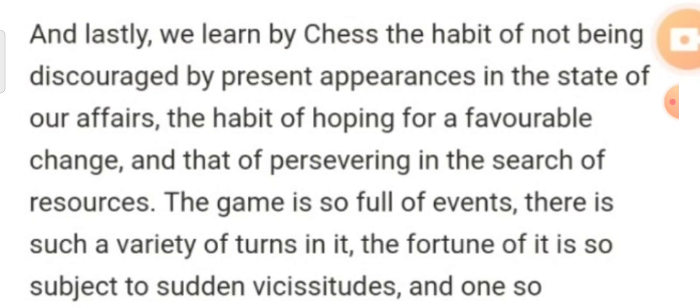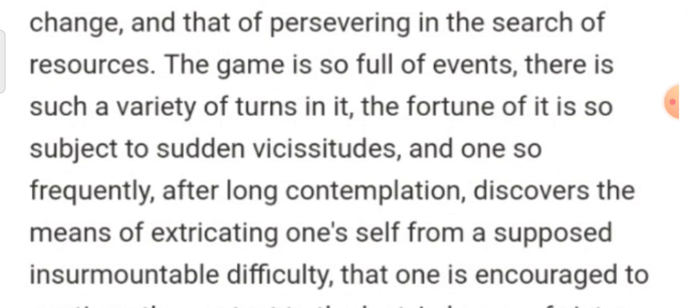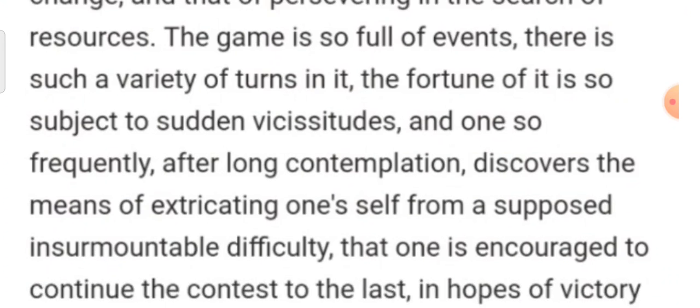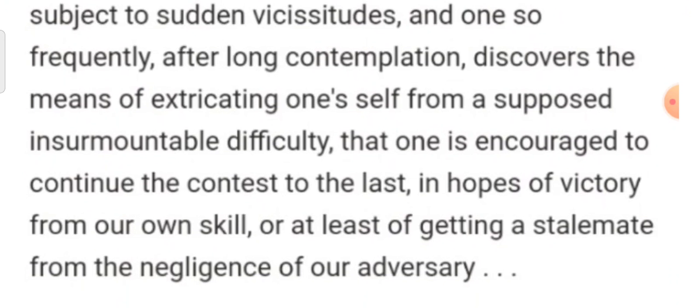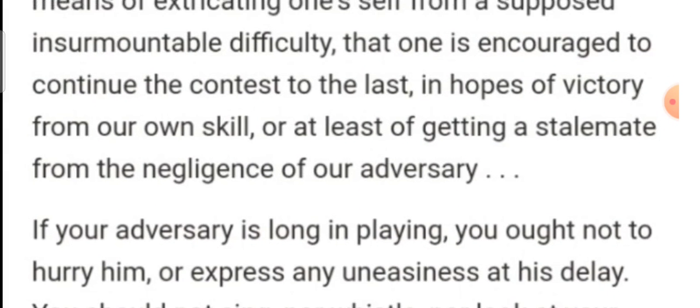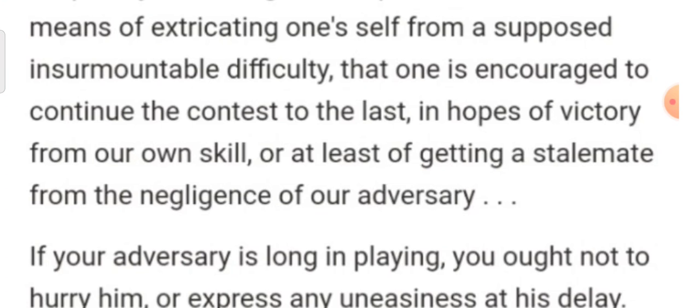The fortune of it is so subject to sudden vicissitudes. And one so frequently, after long contemplation, discovers the means of extricating oneself from a supposed unsurmountable difficulty. Lots of difficulties, but one learns how to come out of such difficulties in life.